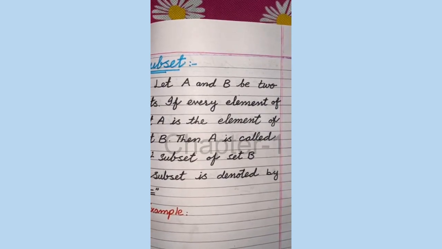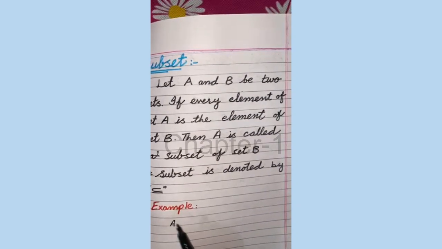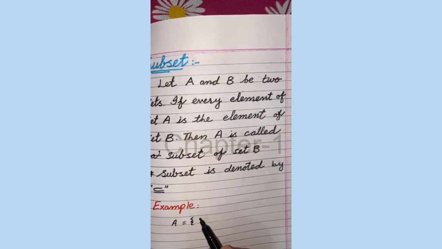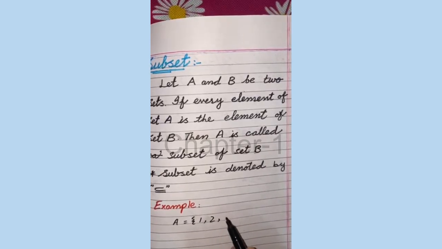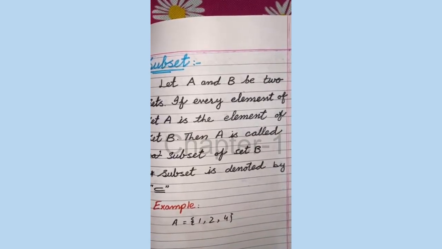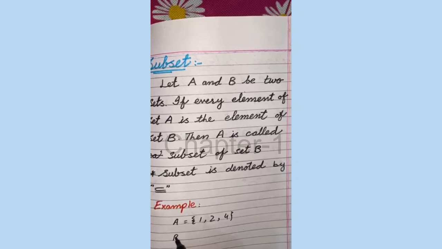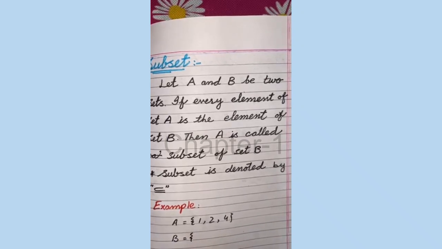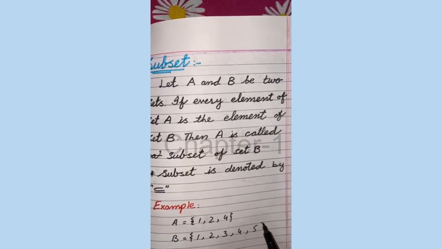Let's suppose we have a set A equals the set of 1, 2 and 4, and set B contains the elements 1, 2, 3, 4 and 5.